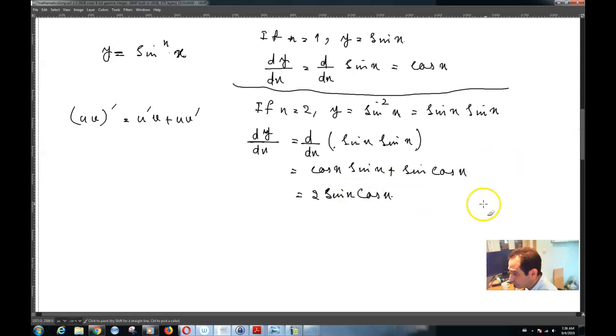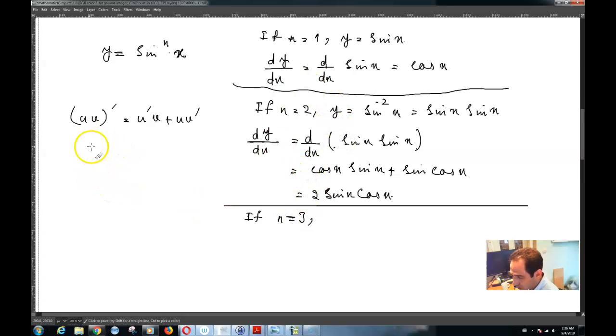Now let's see what happens if, for example, your n is equal to 3. Of course, this process can be very beautifully coupled with something called the principle of mathematical induction.